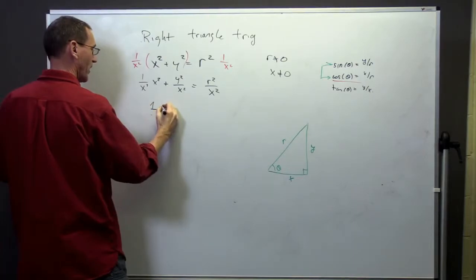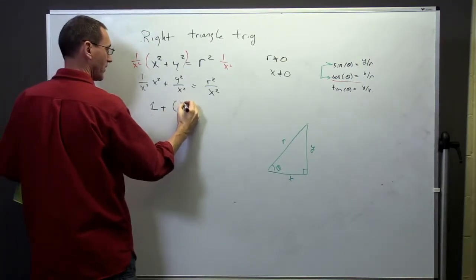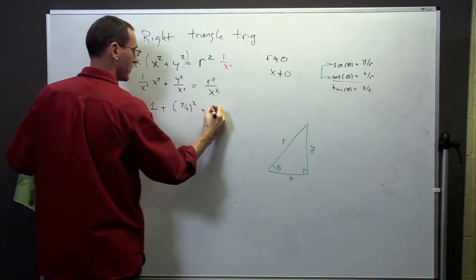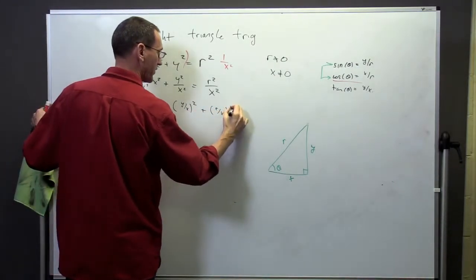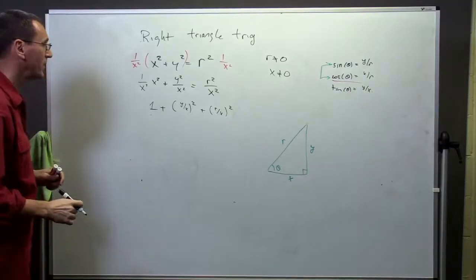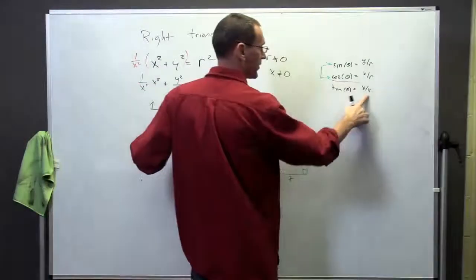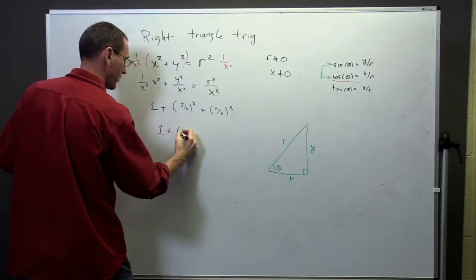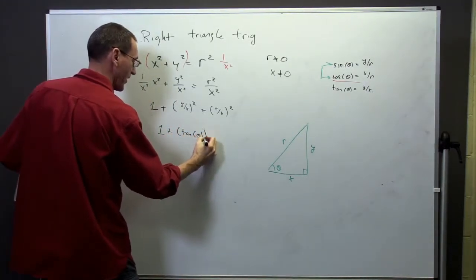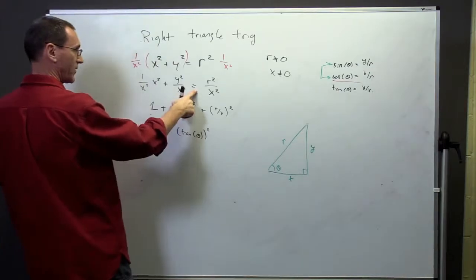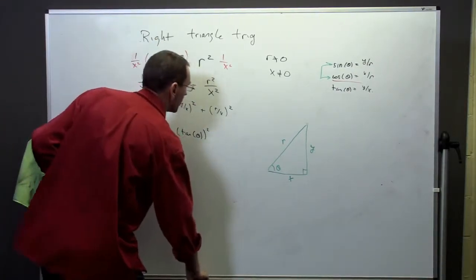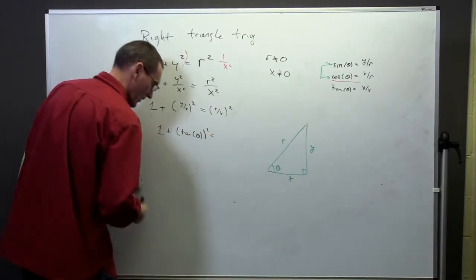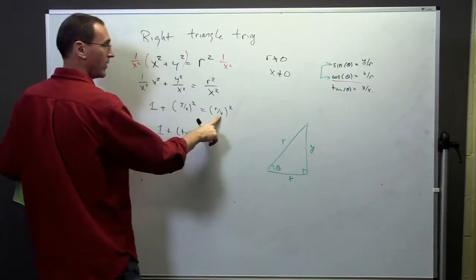So this becomes 1. This is y over x quantity squared. This is r over x quantity squared. But notice, what's y over x? Y over x is the tangent. So I get 1 plus the tangent squared. Oops, I screwed up. That should be an equal sign. Sorry. Now, what's r over x?